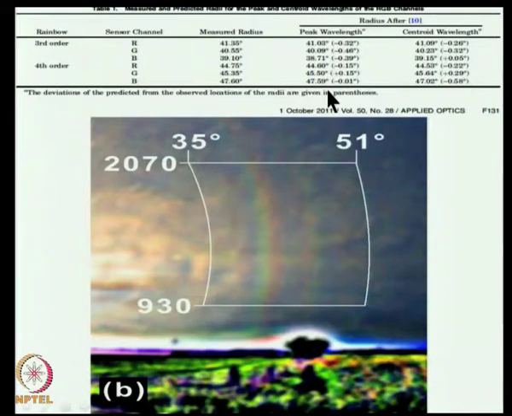So, the theory is able to predict the occurrence of the tertiary and higher order rainbows to within 0.5 degrees, which is quite remarkable.